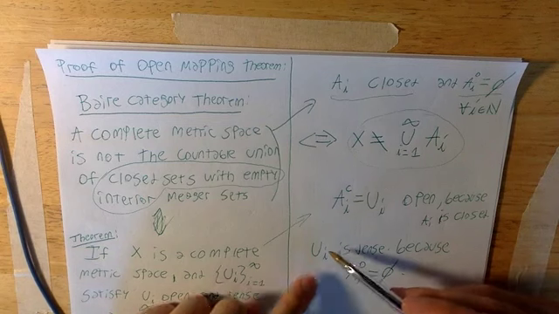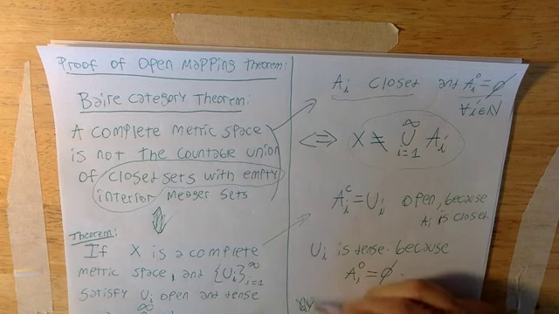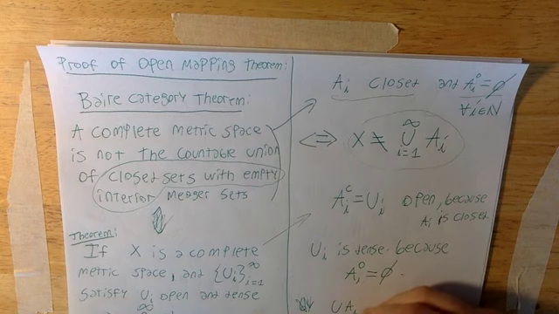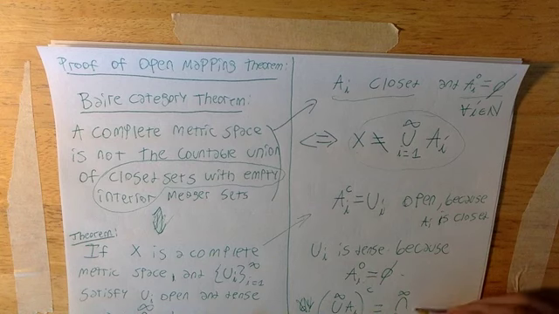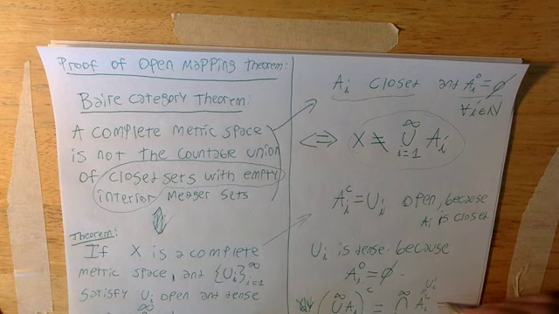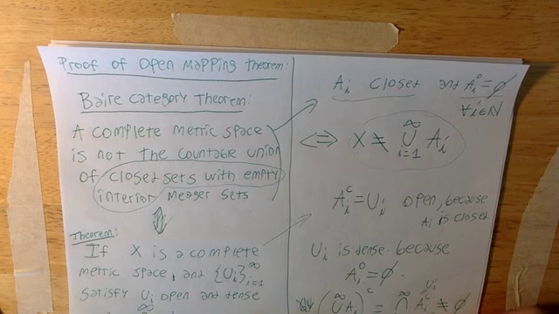Okay, so this shows, and then by theorem, the complement of the union over i equals 1 up to infinity is equal to the intersection over i equals 1 up to infinity of AI complement, which is what I've been calling UI, and this is different from the empty set because by theorem this is dense.